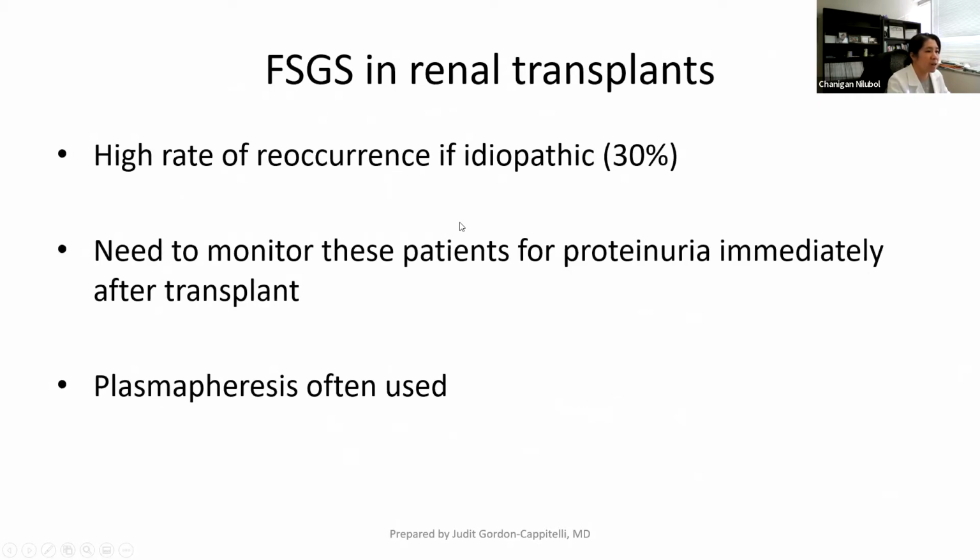There's a high rate of recurrence, and a magic number in medicine, 30%: it can be as high as 30% in kidney transplant patients with FSGS to have a recurrence. In some patients this recurs to the point of asking how many kidneys are enough, right?